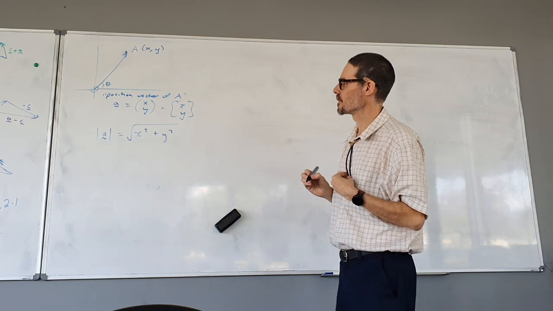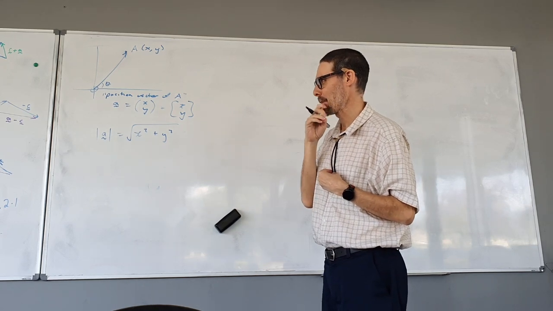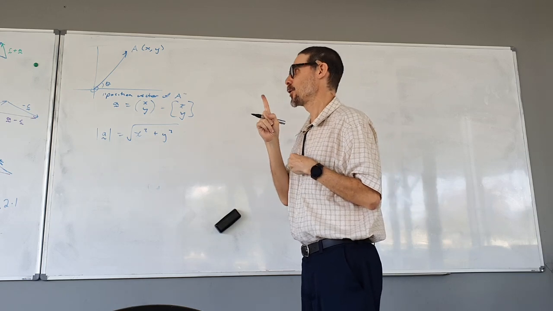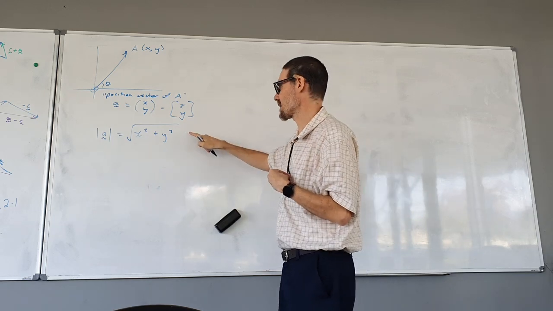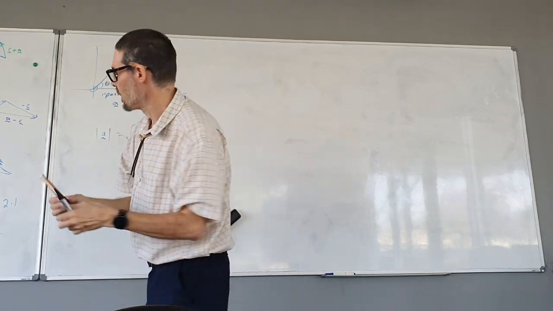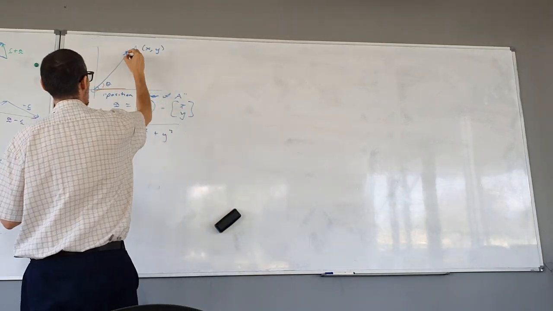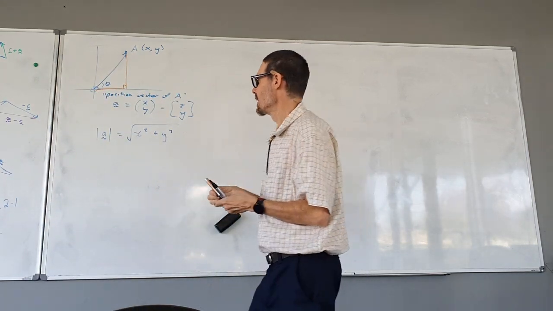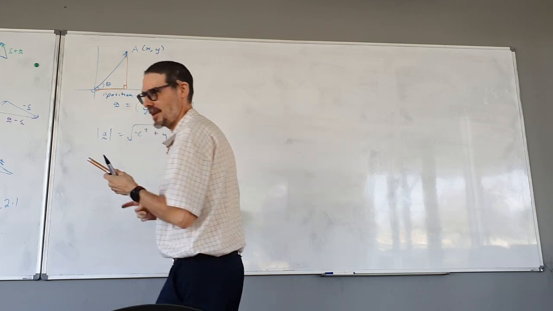Stop and think before you speak. You can use any of the three trig ratios if you've got this length. You've got this and you've got that. So length is this squared plus this squared, square root.